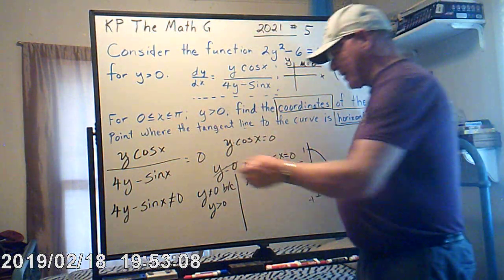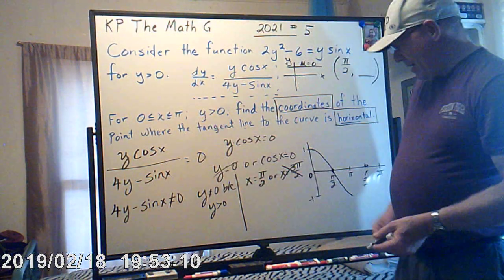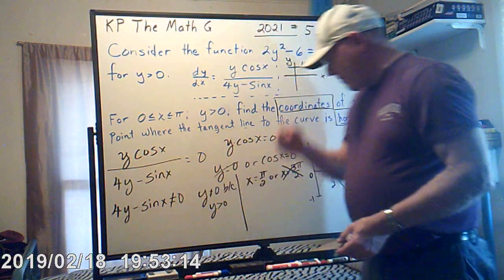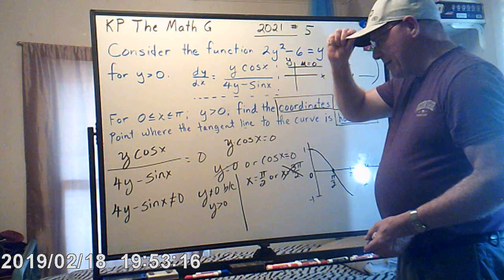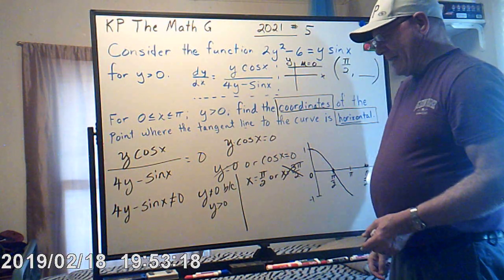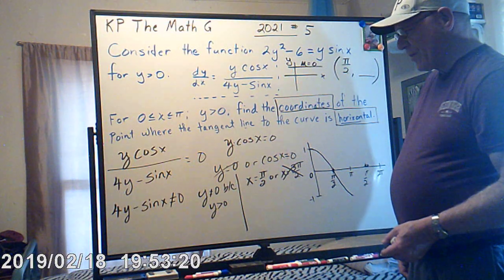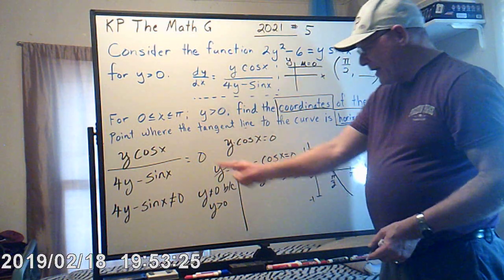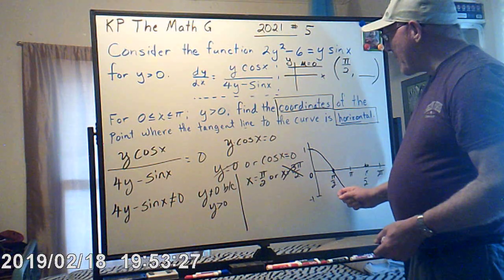Because if you plug this in right here, well, you're going to get 0 over something anyway, but it's not going to work here. We cannot do that.